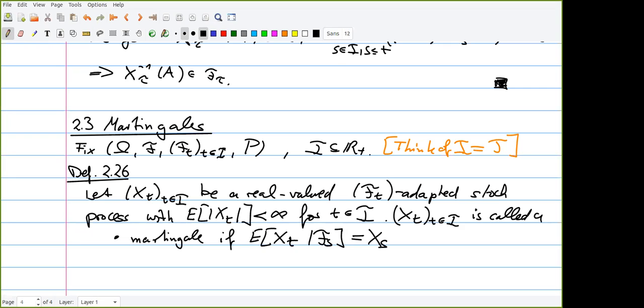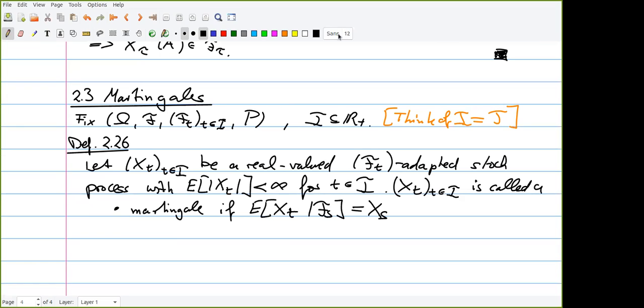So it's as likely to go up as it is likely to go down. So on average, you gain or lose nothing.